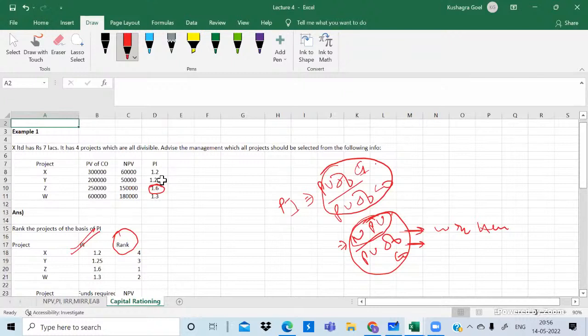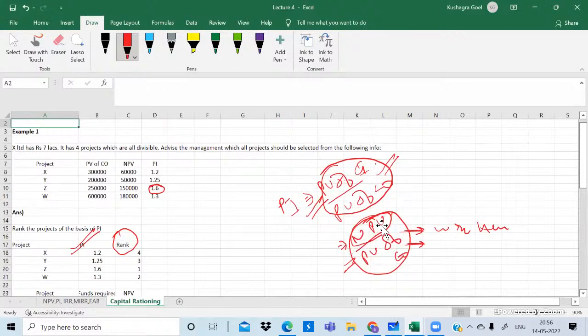There is no standard rule. But generally people prefer this and not this. But let's say if somebody is using this, I will not say it is wrong, but generally most people prefer the first method, which is present value of cash inflow upon present value of cash outflow, and not the second one. But then again, like I said, in your async content, both formulas are used.